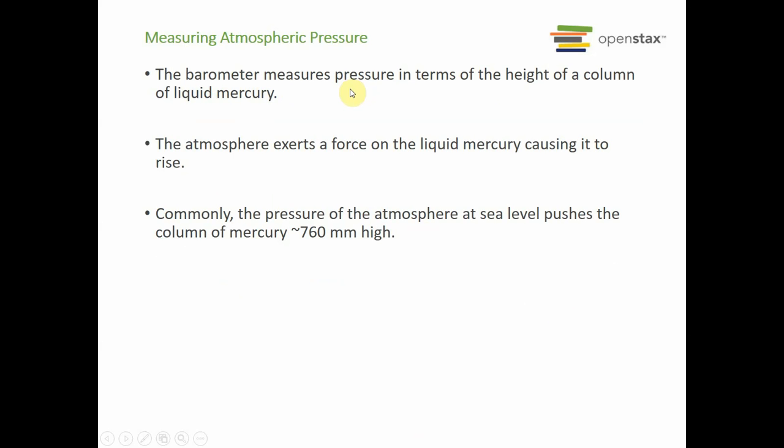The barometer measures pressure in terms of the height of a column of liquid of mercury. The atmosphere exerts a force on the liquid mercury, causing it to rise. What exists above the column is a vacuum.